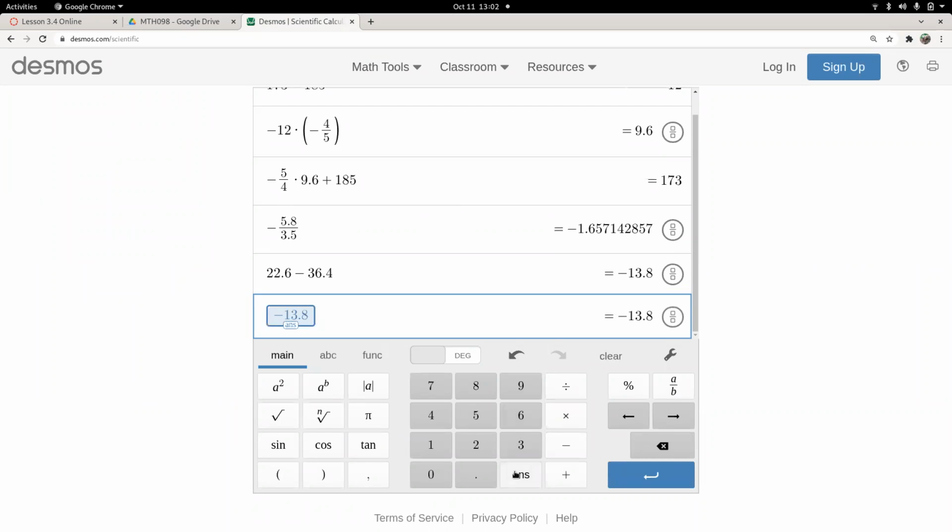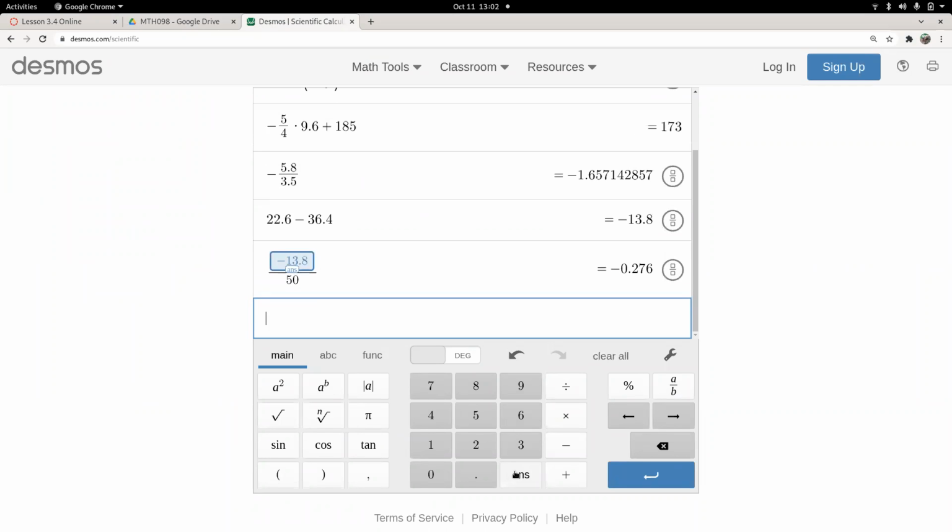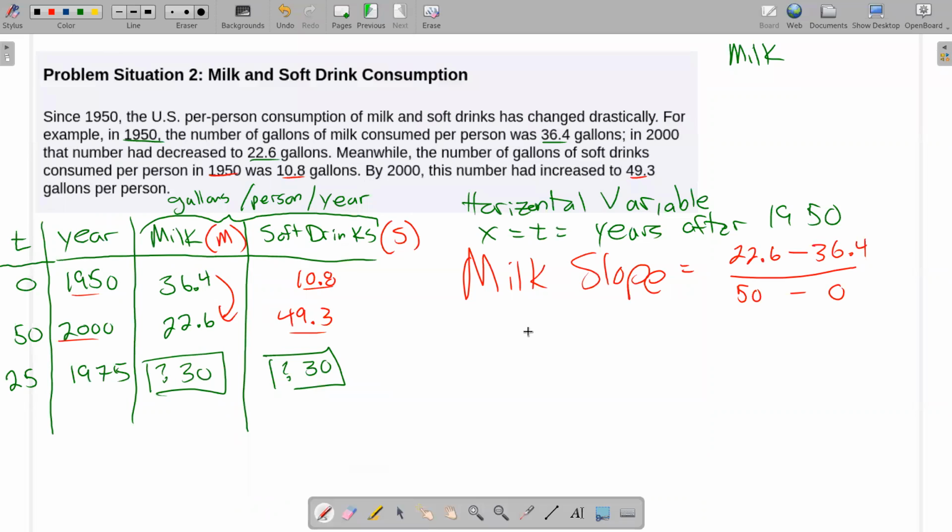I'm just going to take that number, divide by 50. And so my slope there is negative 0.276. So my numerator here was negative 13.8. I still have to divide by 50. Once I did that on the calculator, I'm getting the slope for milk was negative 0.276.